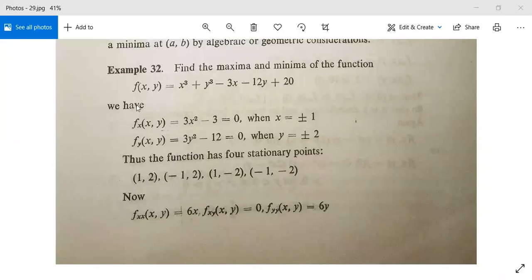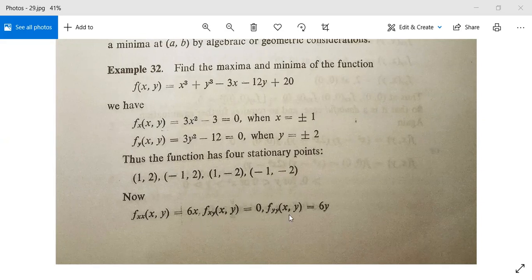r means differentiate this fx once again with respect to x partially. So fxx will be 6x. Then differentiate this with respect to y: fxy will be 0 because there is no y here.